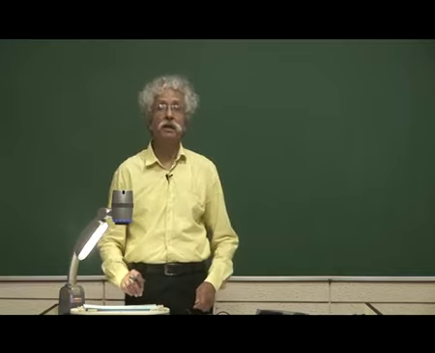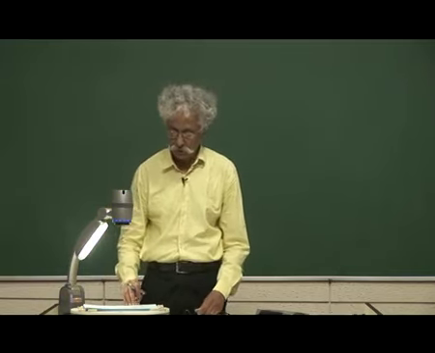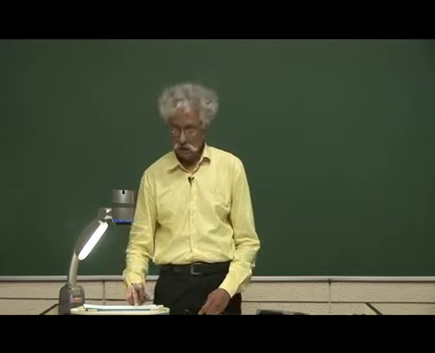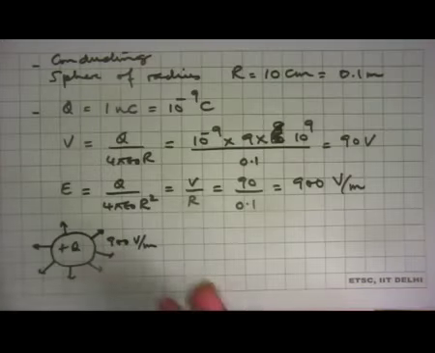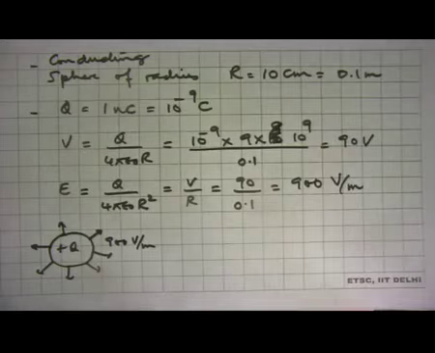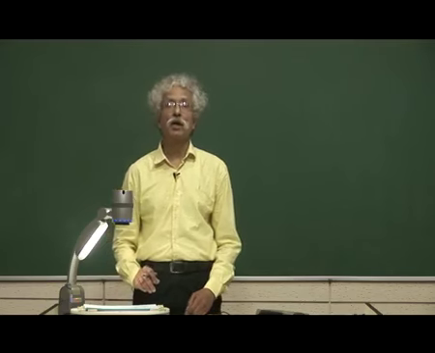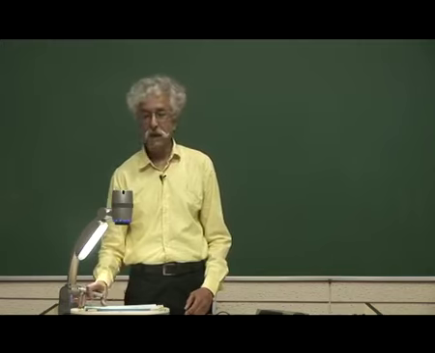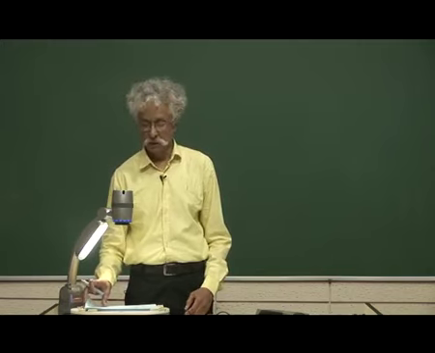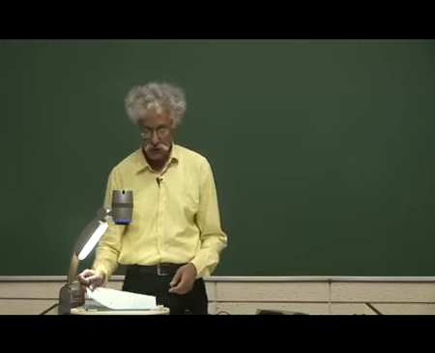Now, I must mention here a certain aspect that happens in nature. If you look at electric fields in air, if the electric field becomes stronger and stronger, the electric field can knock off electrons from the atoms, and so it creates a breakdown. You can see a spark taking place in air.